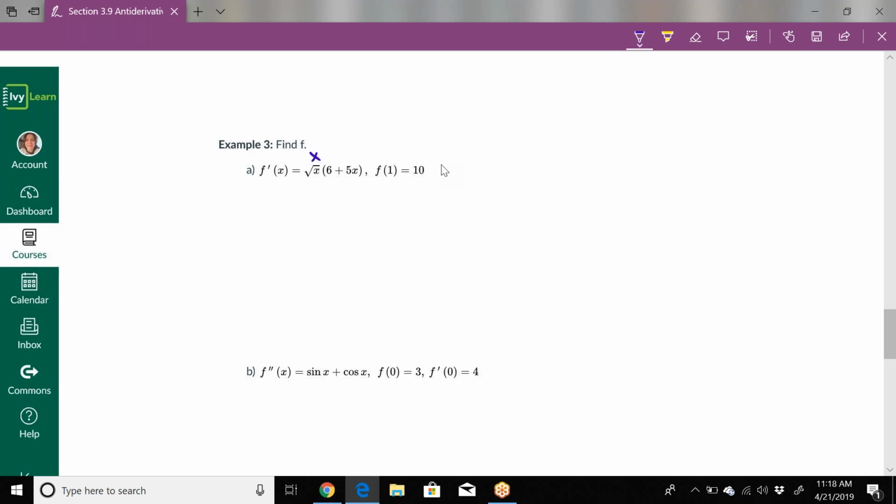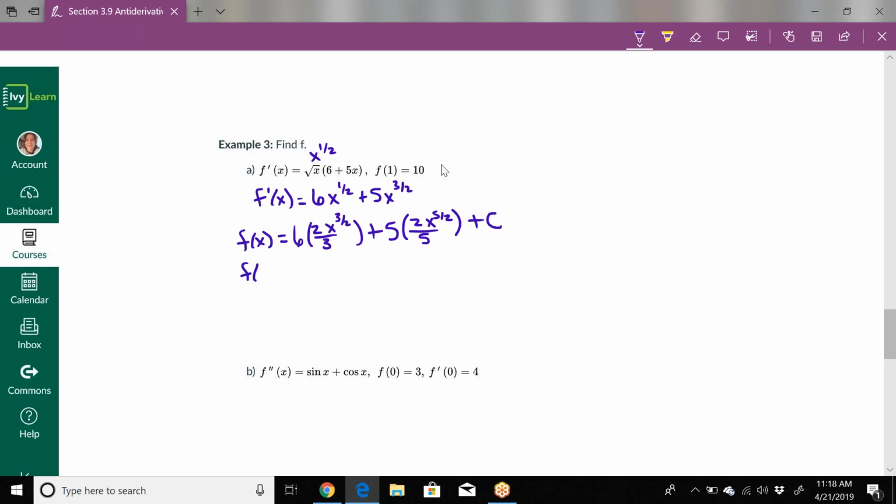So the first thing I would probably do is write that as x to the 1/2, and we should maybe just distribute that through. So this is 6x to the 1/2 plus 5x to the 3/2. So the antiderivative would be the function f of x, and remember we raise this to 1 power and divide by the new power, so this is going to be 6x to the 3/2 times the reciprocal, so that'd be 2/3, plus 5x to the 5/2 times 2/5, and then plus our c, because remember that's our constant of integration.